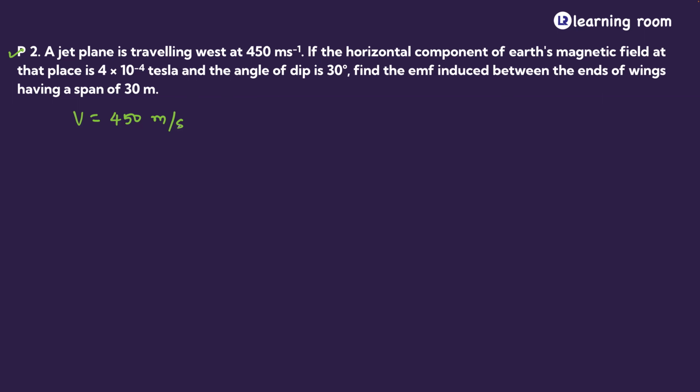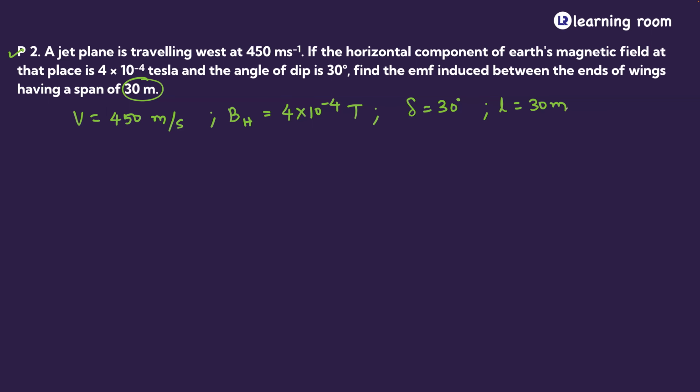If the horizontal component of the Earth's magnetic field at that place is given as 4 into 10 power minus 4 Tesla, and the angle of dip is given as 30 degrees. Find the EMF induced between the ends of the wings having a span of 30 meters. So the length of the wings is going to be 30 meters.